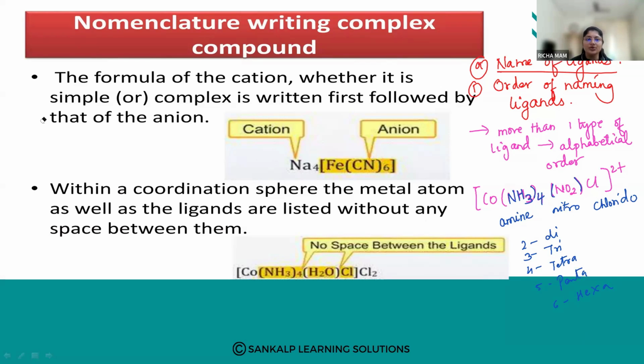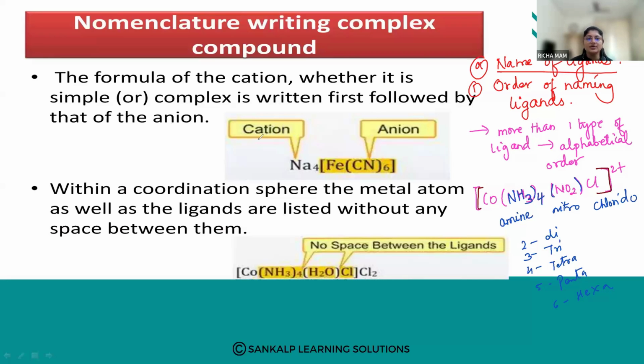How many ammine groups are there? 4 ammine groups are there. So we are going to use tetraammine. So the order is clear.